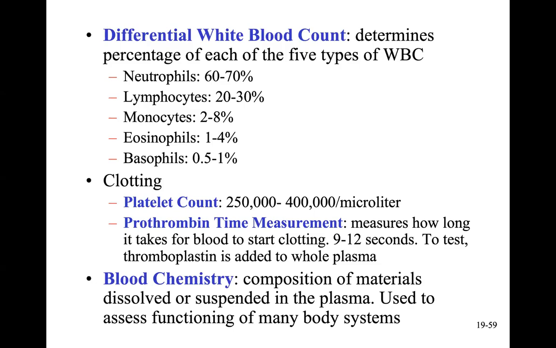It measures all those ions that are found in your plasma. Then we can see whether this person has an imbalance in potassium or calcium that's causing some of the symptoms. Chem 20 tests for a few fewer things. It's the 20 highest solutes, whereas the BMP tests everything.